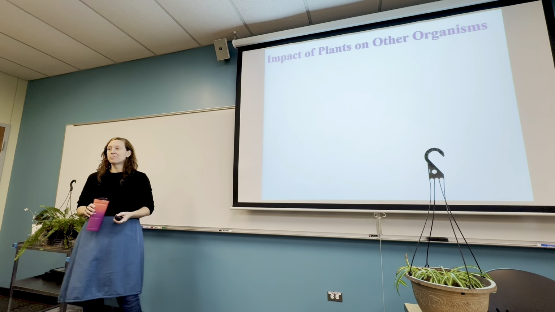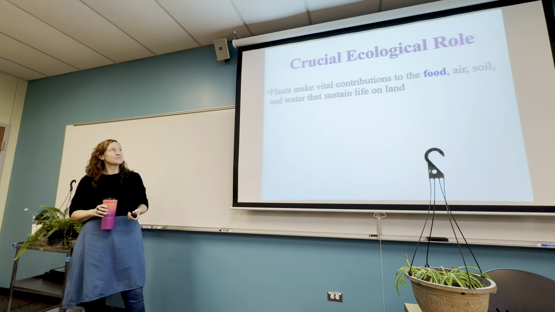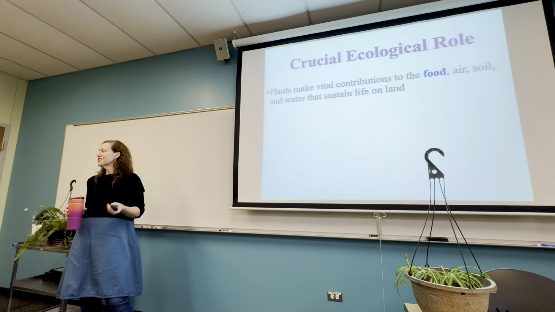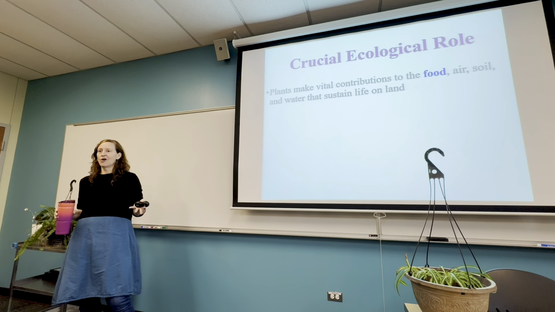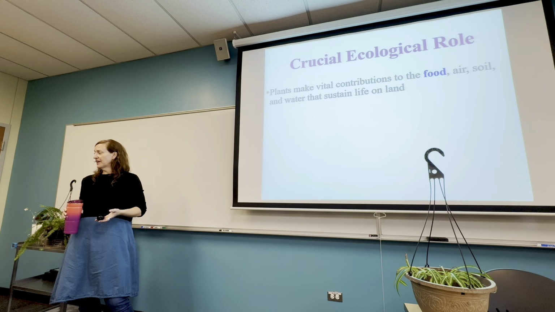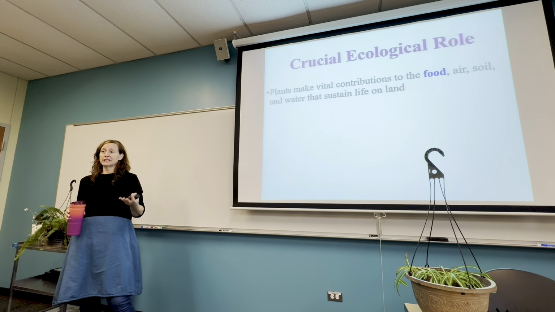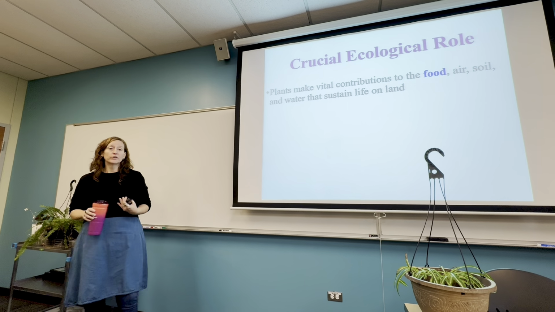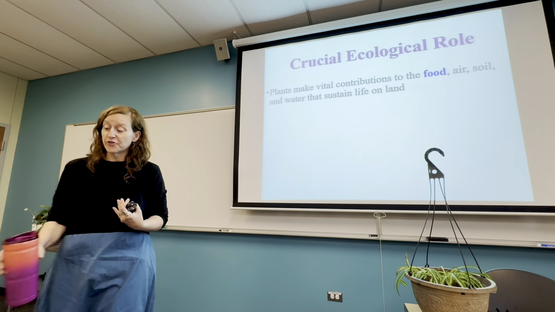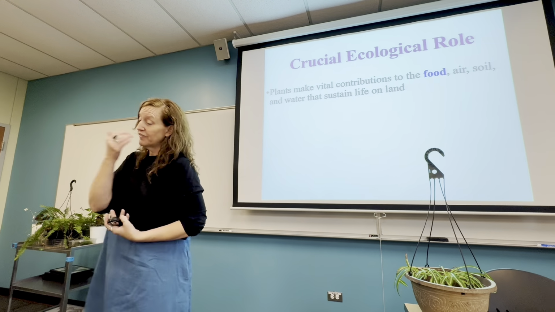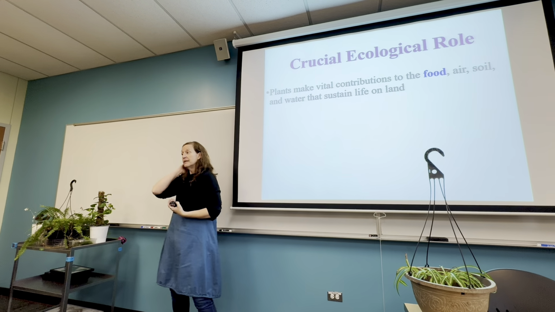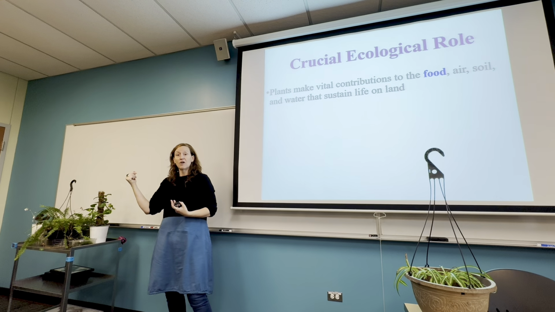So let's talk about the impact of plants on other organisms. We need them. We just talked about before that there are often chain effects. If plants are affected in an ecosystem, it matters because we use them for food, not only in the direct sense, like we need to physically eat them, but also we need the oxygen that plants give off for us to undergo aerobic cell respiration.